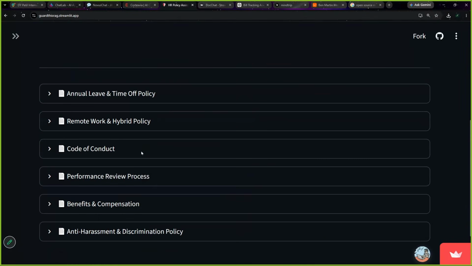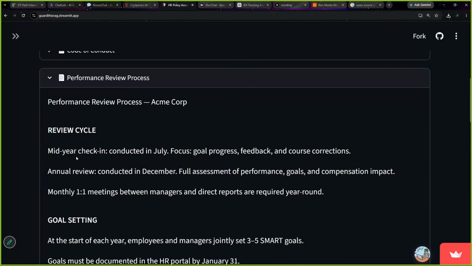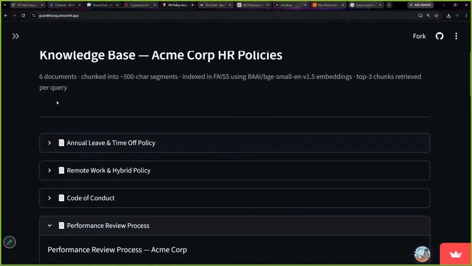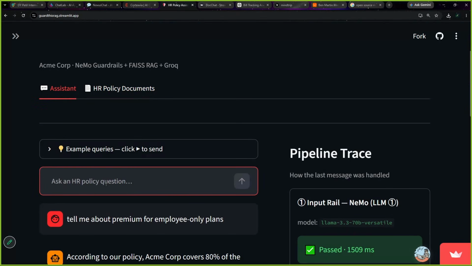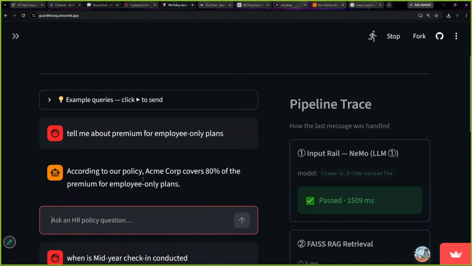let us see another example. Mid-year check-in is conducted in July. So I can just ask, when is mid-year check-in conducted? It will properly tell me July.